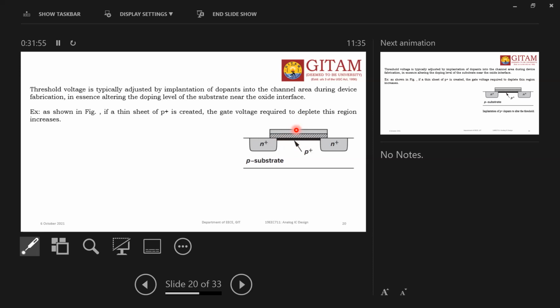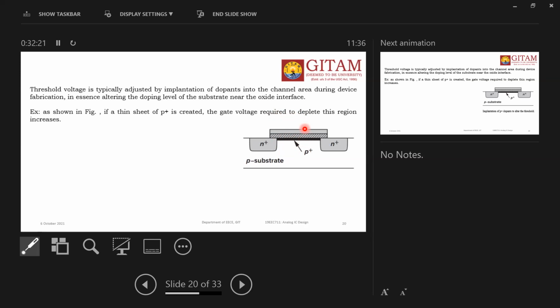Earlier with only P, suppose 2 volts may be required, but with P plus maybe 4. Whenever this side is 4, the other side must be 4. As I told you, it is our responsibility to bring the balancing condition: the number of positive charges at the gate side must equal the number of negative charges at the channel side.